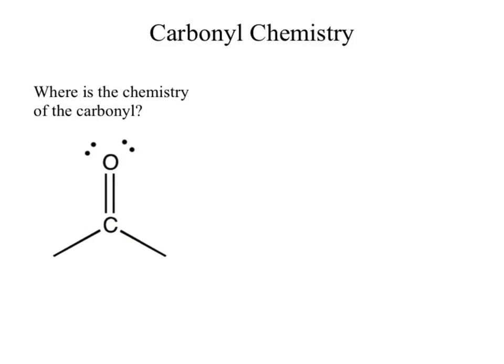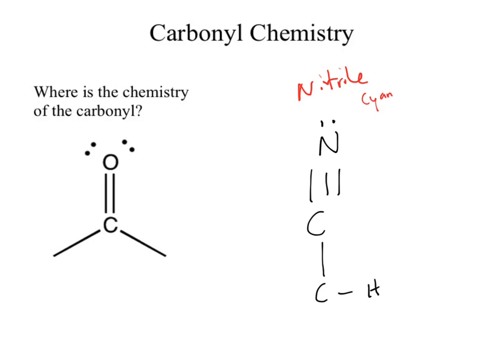if we switch this functional group up to instead this guy, what functional group do we have? It's not an alkyne because it's got the nitrogen in that. So it's a nitrile. You might also see it referred to as a cyano. Okay. We have the same chemistry in the nitrile as we do in the carbonyl.